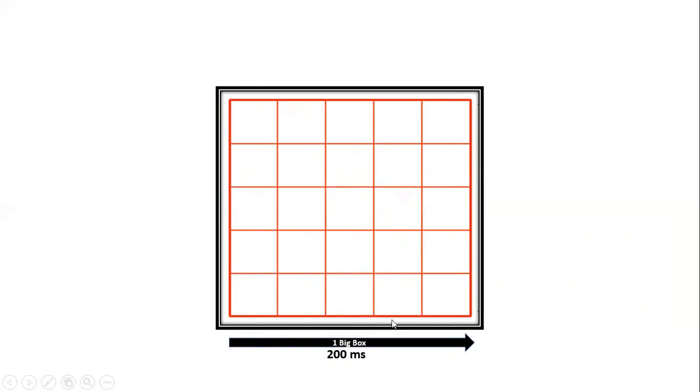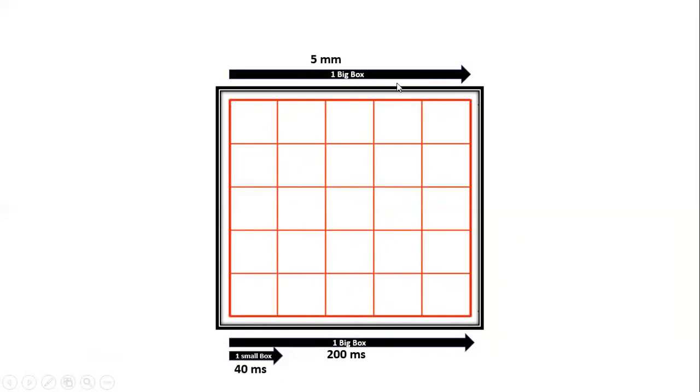If you take 200 divided by the 5 smaller boxes, each smaller box is 40 milliseconds going across. Please remember these numbers, okay? You're going to need them.